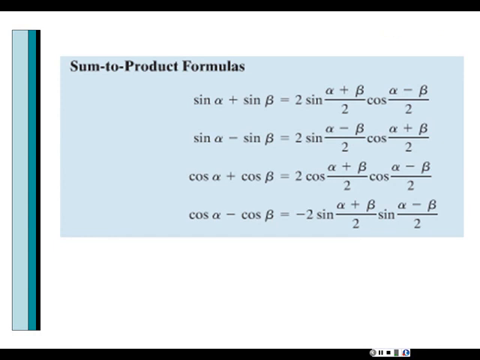And then if you apply the formula number 4 here, you will get negative 2 sine of alpha plus beta, which is 4x plus 2x divided by 2, times sine of 4x minus 2x divided by 2, which is negative 2 sine 3x times sine x.